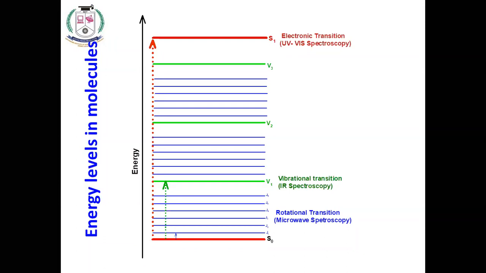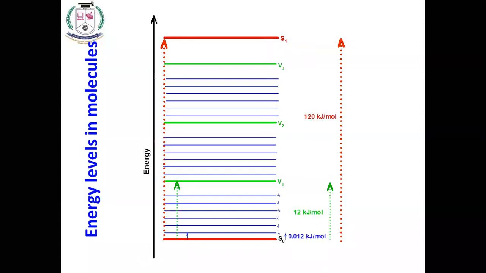So vibrational transitions, vibrational spectroscopy or infrared spectroscopy. Rotational transitions, microwave spectroscopy or rotational spectroscopy. These are the energy levels in molecules. And the difference in energy level, from within two electronic energy levels, the difference is 120 kilojoules per mole.